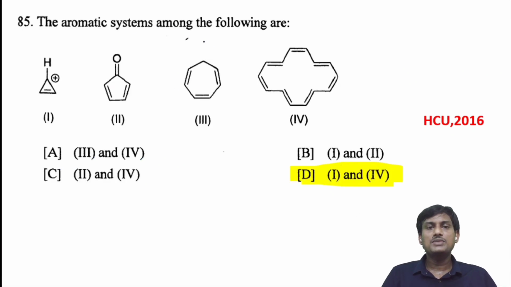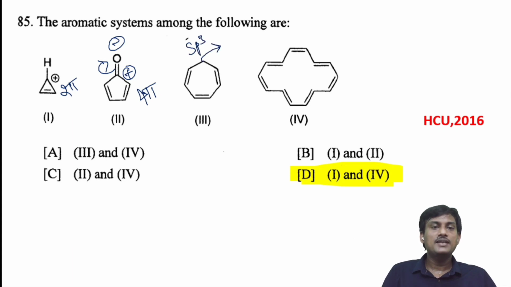The aromatic systems among the following are: this one is a planar 2-pi system, and let's take this one, O minus, and this one is plus. It's a planar 4-pi system. It's not planar; it's an sp3 hybridized carbon, so it's non-aromatic. And here 1, 2, 3, 4, 5, 6, 7: 14 electrons are there.